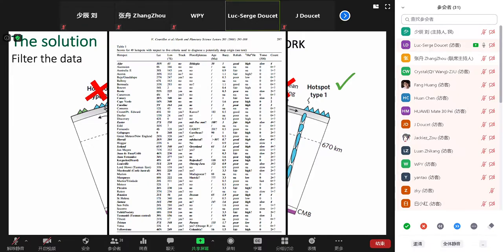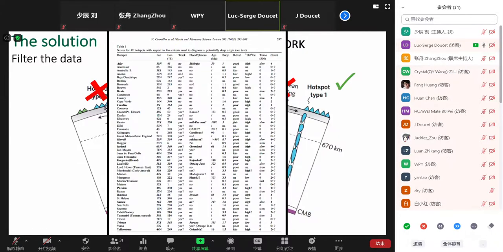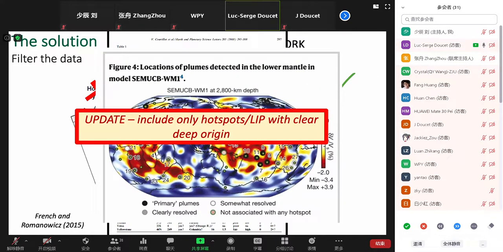And using newly detected plumes, using, for example, tomography, you can see if the plumes are anchored to the core-mantle boundary or to the LLSVP. So what we did, we used Coutinho and decided to filter and update that list, right?